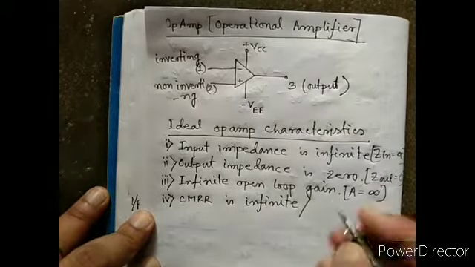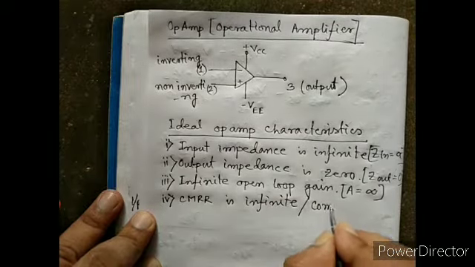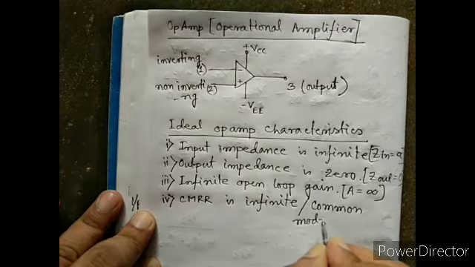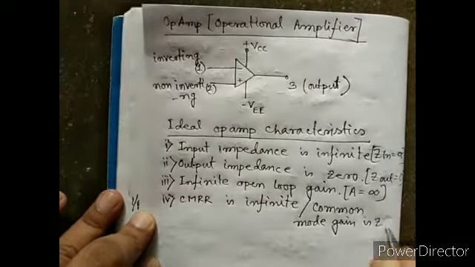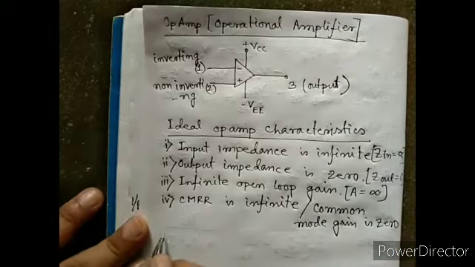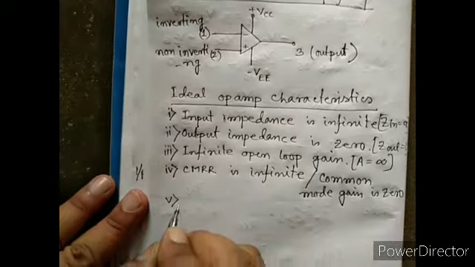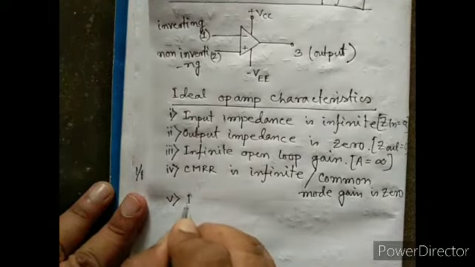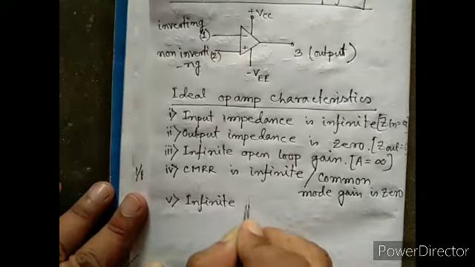Or we can say common mode gain is 0. And operating bandwidth is infinite.